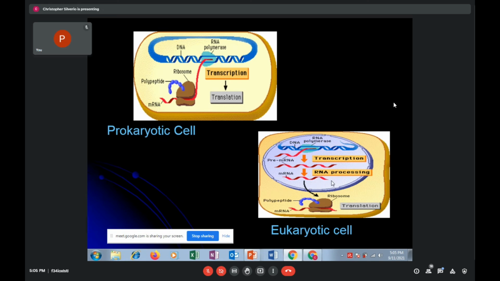Whereas transcription in the eukaryotic cell occurs inside the nucleus, and translation occurs in the cytoplasm. Here, both transcription and translation in the prokaryotic cell occur in the cytoplasm.